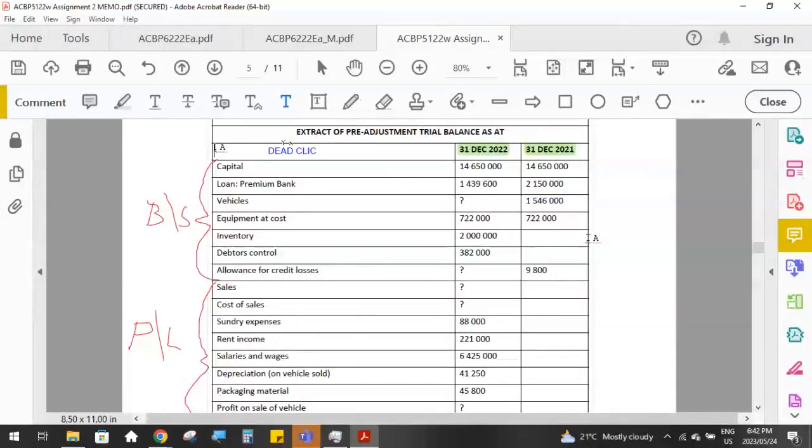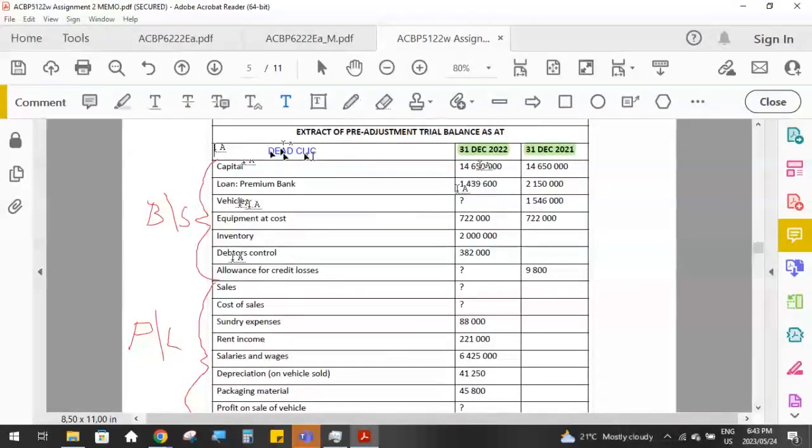Absolutely crucial that you remember that. Capital is here on the CLIC side, C for capital at the end. So capital increases on the credit side. Loan is a liability, so the L on the CLIC side increases on the credit side. Vehicles, equipment are assets, so they increase on the debit side.